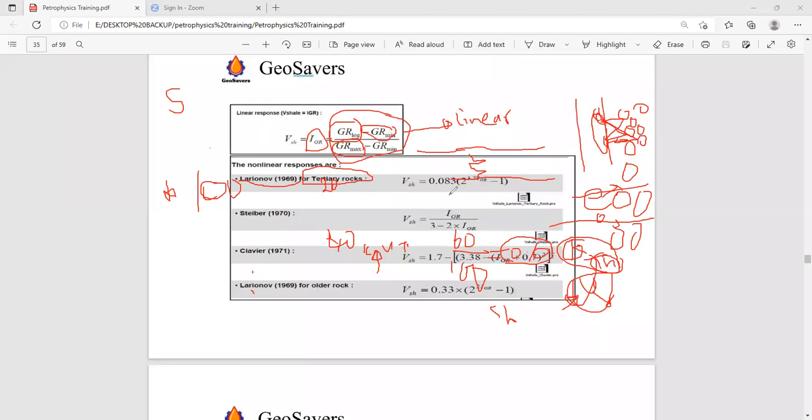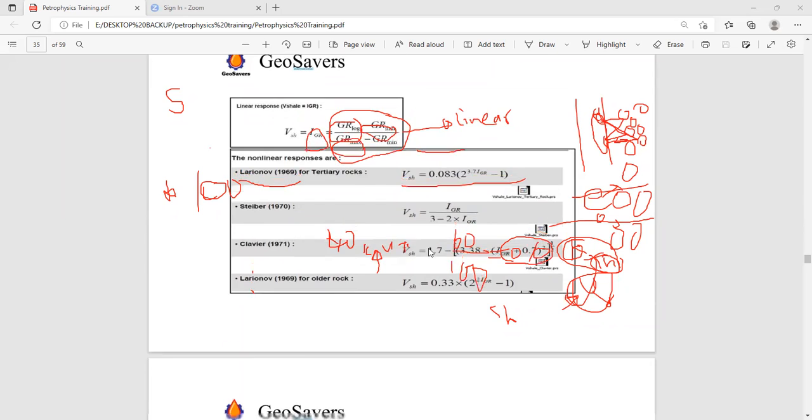This is the formula you have to use to calculate the volume of shale. Let me take this off so that we can see the formula clearly. This is the formula you may be tempted to use, but you can use the Stieber, the Clavier, and so many other formulas that you have.